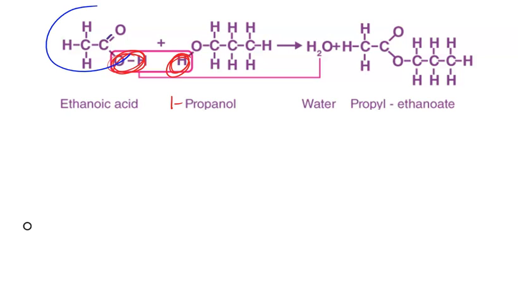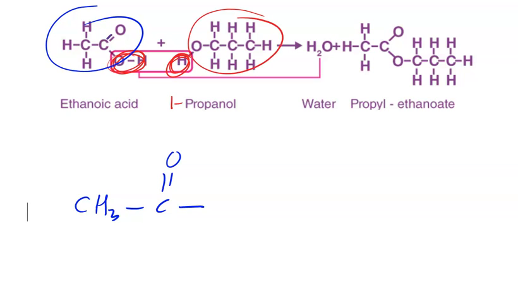So this is going to be a CH3, a C double bond O, and that will be stuck to something else. And this is going to be from the 1-propanol. So you get the O from it, and then you're going to get the CH2, CH2, CH3.